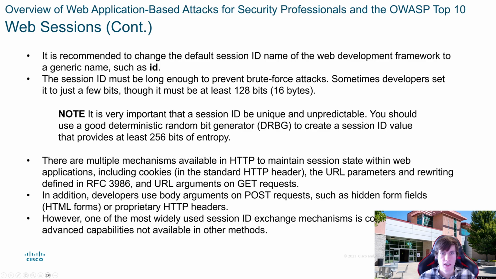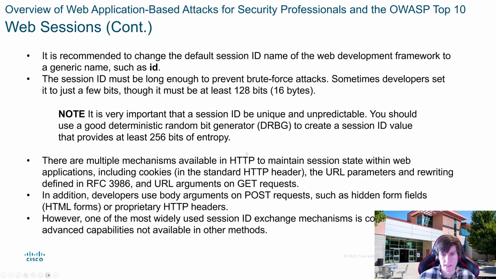So a good session ID should be at least 16 bytes worth to prevent brute force. So if you're in the middle of a session, you don't want someone to be able to brute force attack and steal your session ID. It says here, make sure that your random generator is 256 bits of entropy. This is still relatively secure, but as machines and our processing power become faster, this is probably going to need to be more, and this probably needs to be doubled, likely in the future.